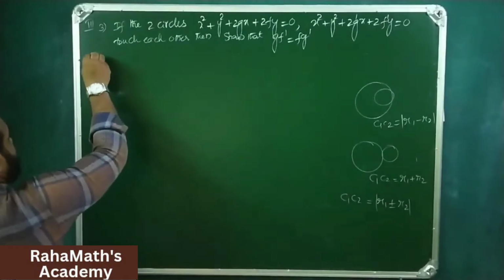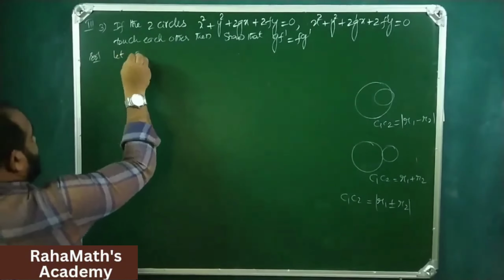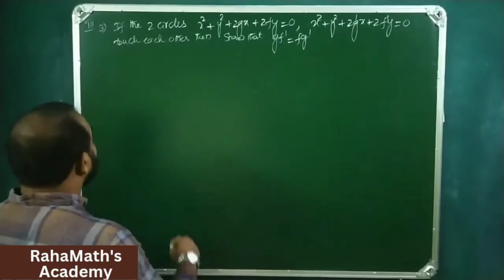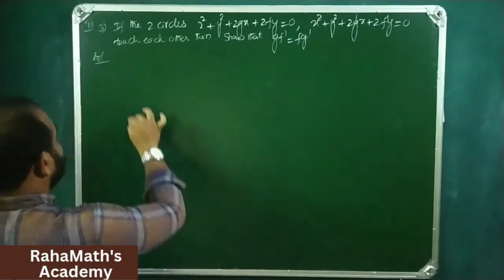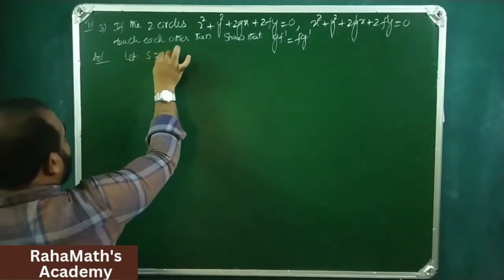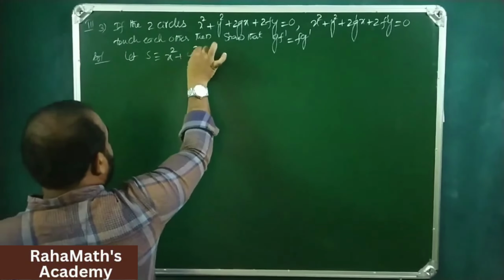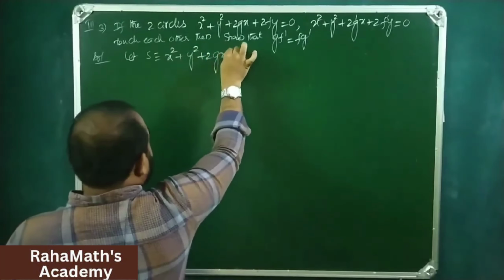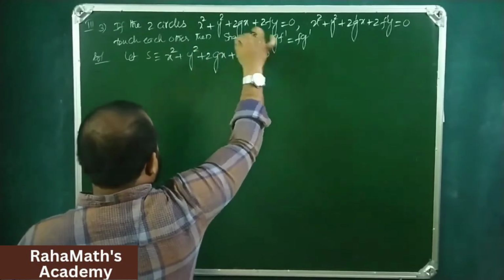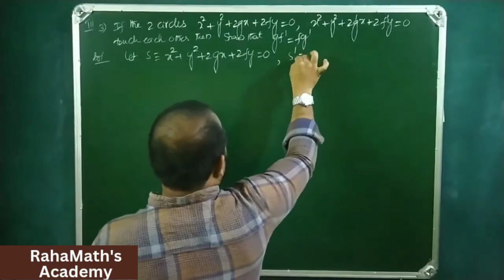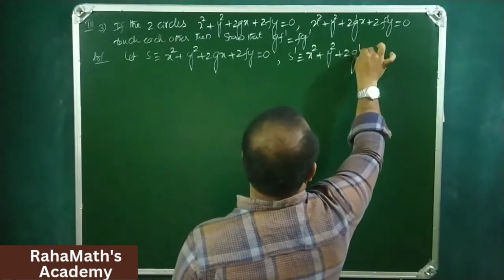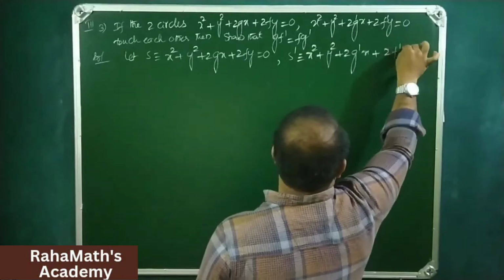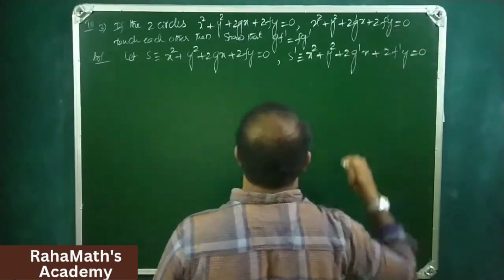So let us take these two circles to be S and S dash. Let S: x square plus y square plus 2gx plus 2fy equals 0. S dash: x square plus y square plus 2g dash x plus 2f dash y equals 0.